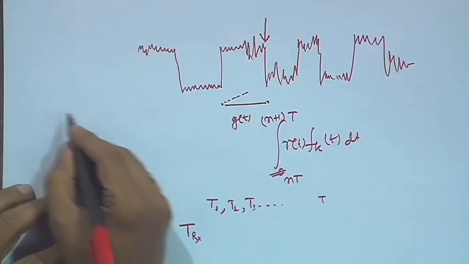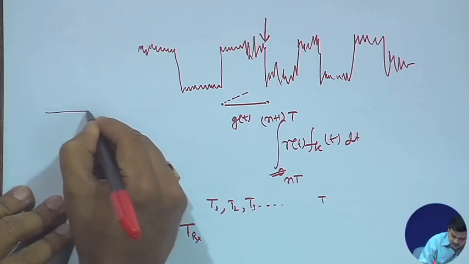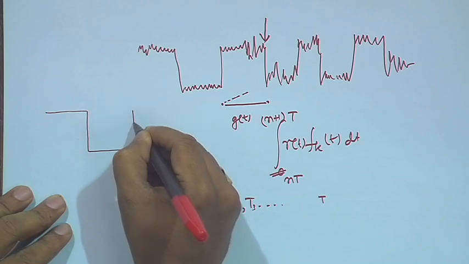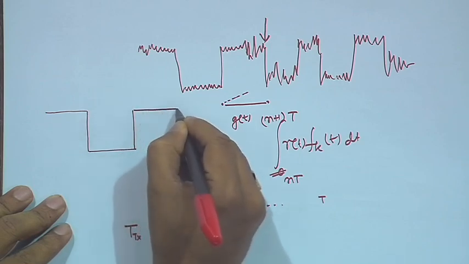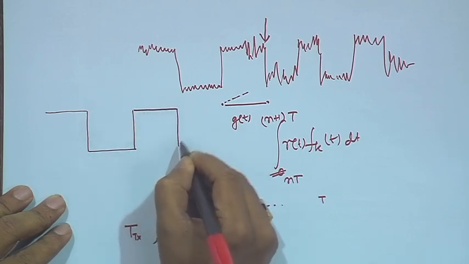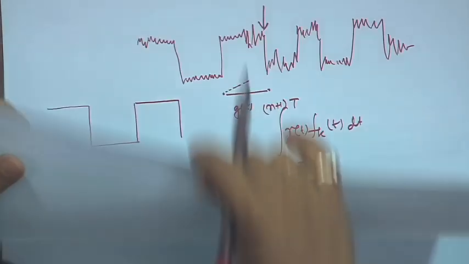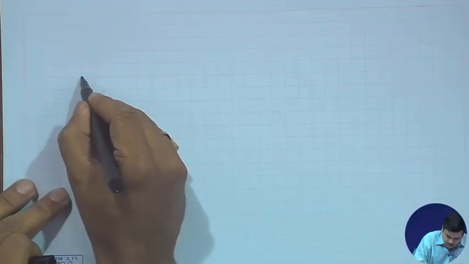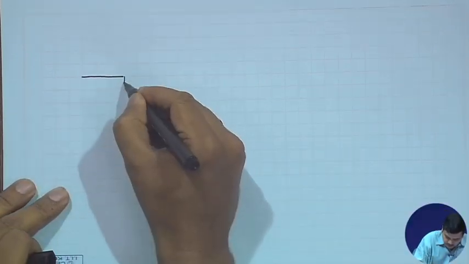So, let us assume that in an ideal case we have the transmitted sequence, that the transmitted sequence is this.